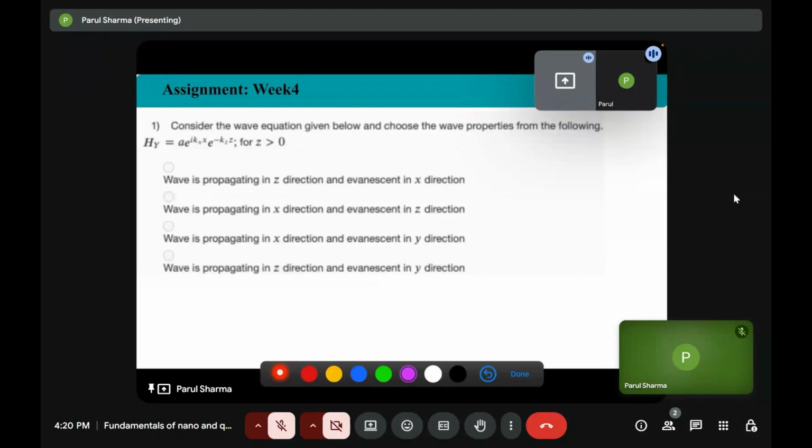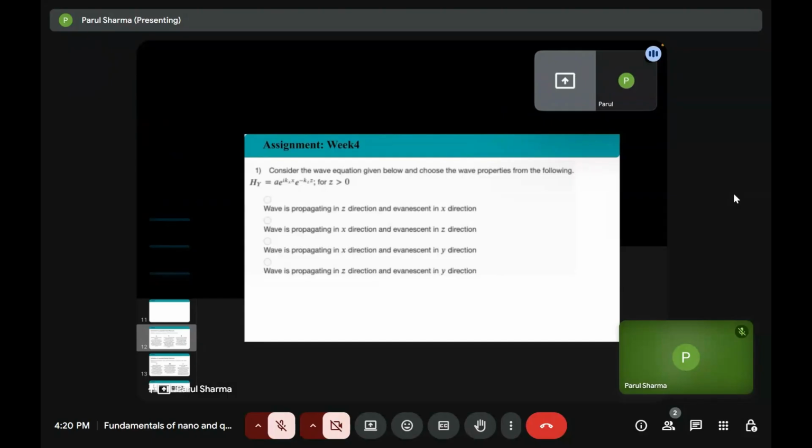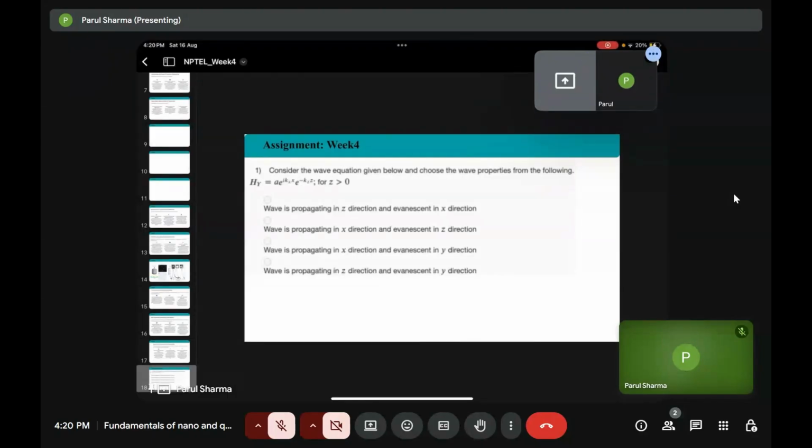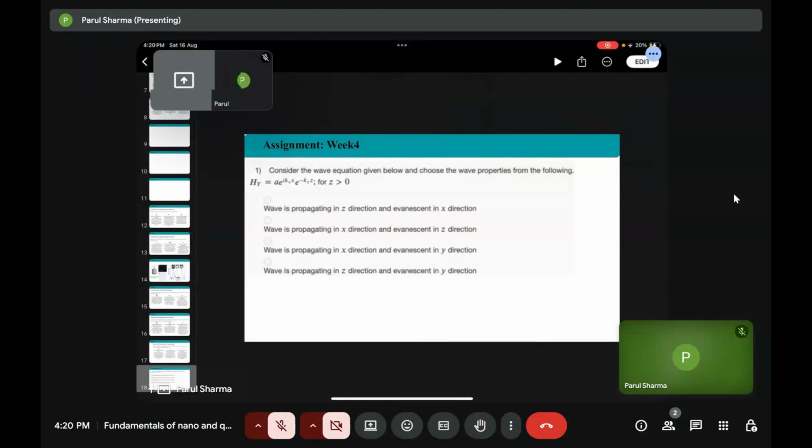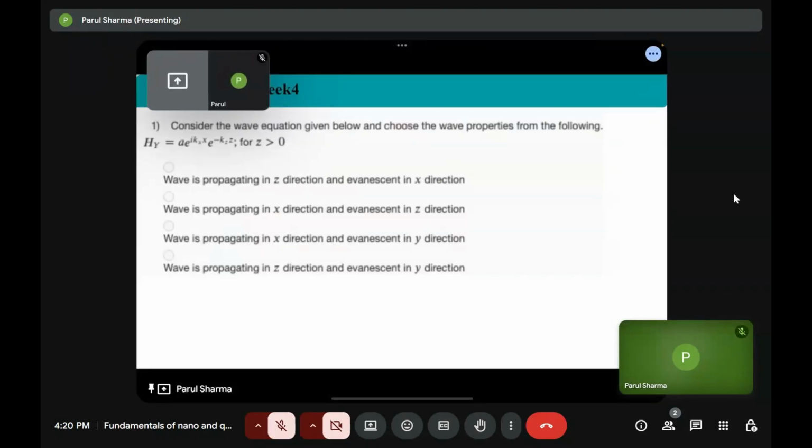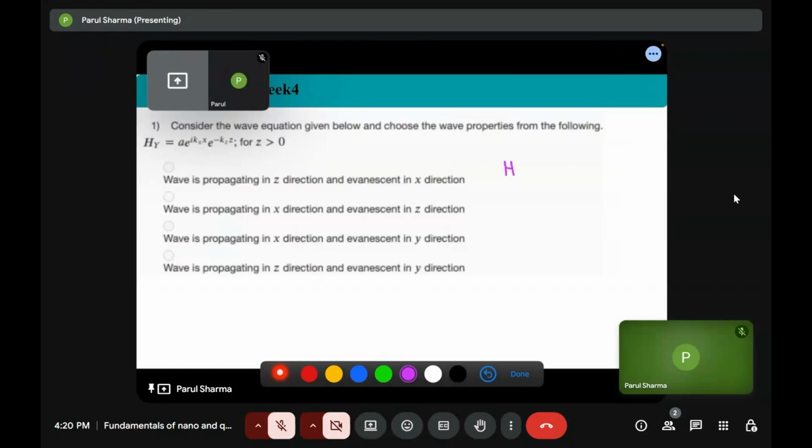We are considering the wave equation given below and choosing the wave properties for the photonic structure, with exponential minus kz.